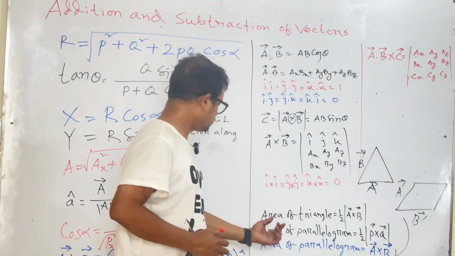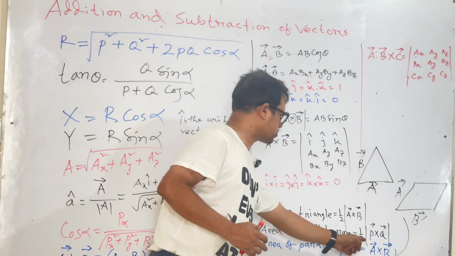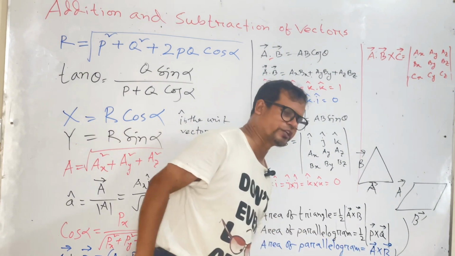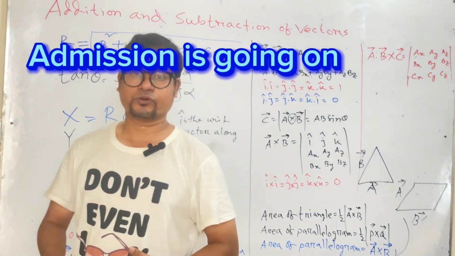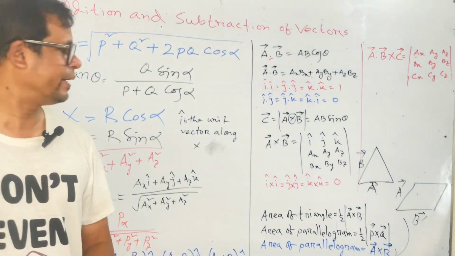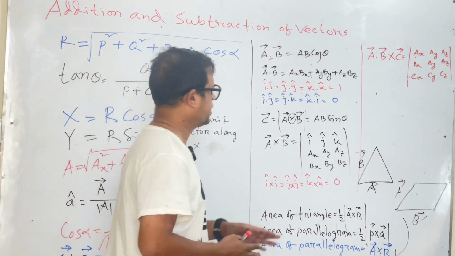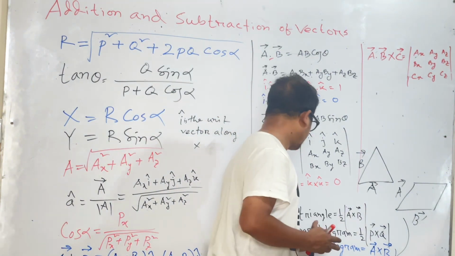Area of a parallelogram equals half the magnitude of p cross q. When you use this formula, p vector and q vector mean the diagonals of the parallelogram.